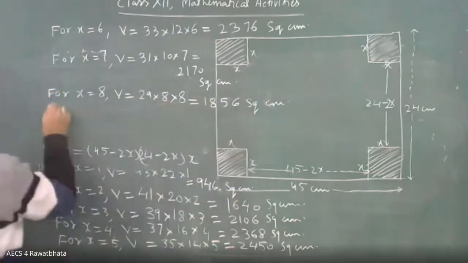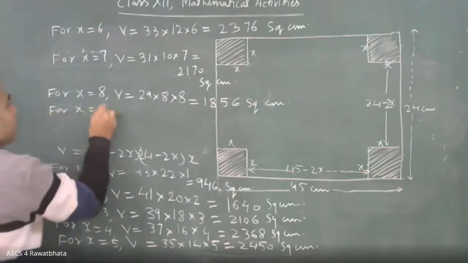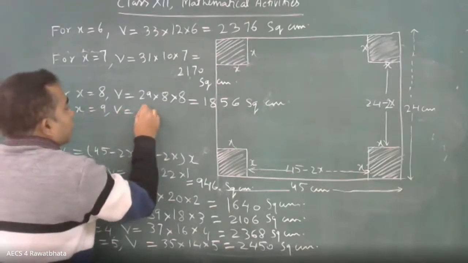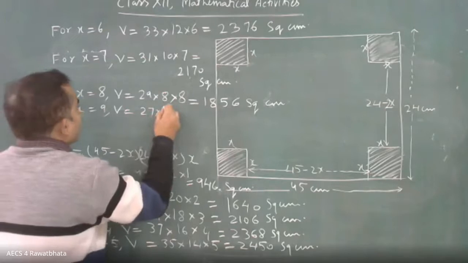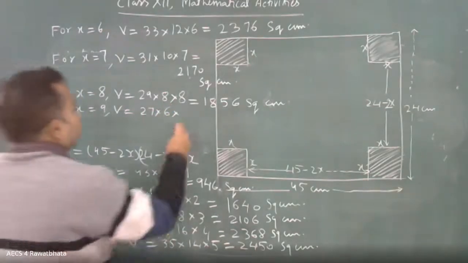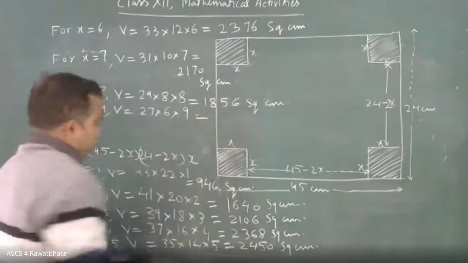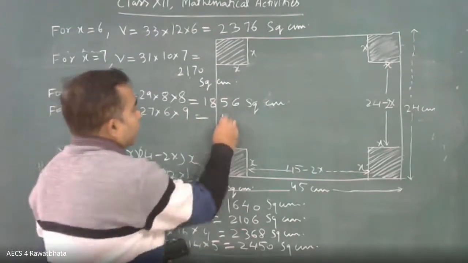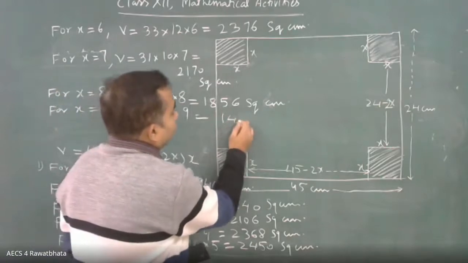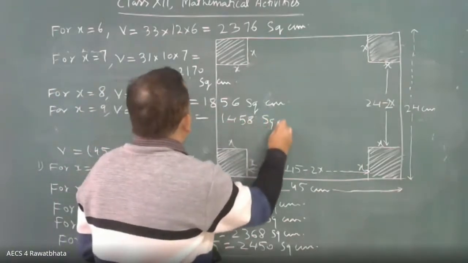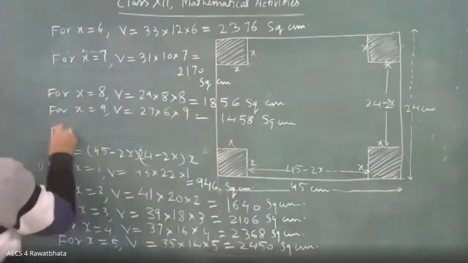Okay. Then for x equal to 9, V equal to 27 into 6 into 9. 1458 square centimeter. Okay, not much more, only a little will remain.